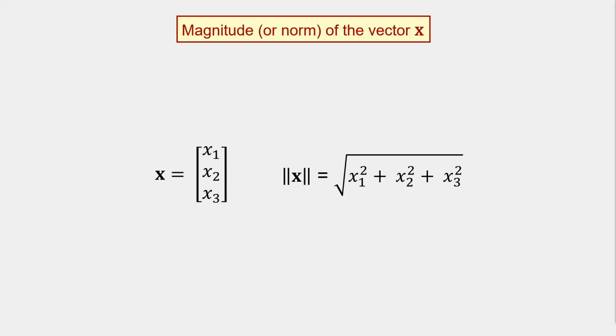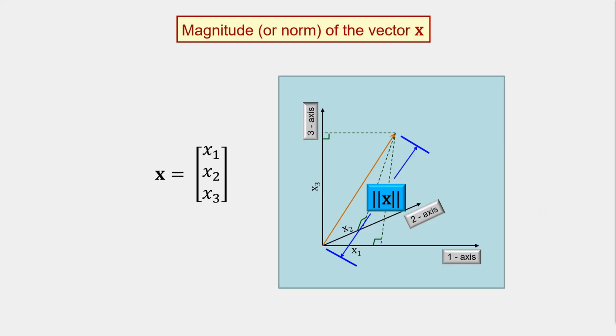The magnitude, or sometimes called the norm of a vector, is calculated using this equation. The square root of the sum of the squares of the elements of the vector. This is the same as the length of the vector.